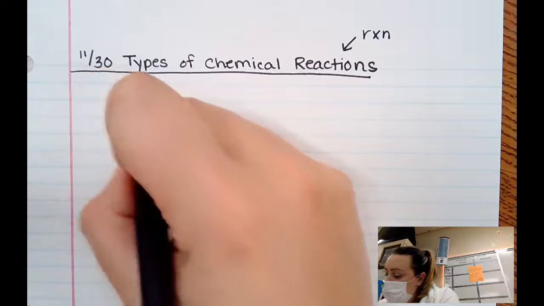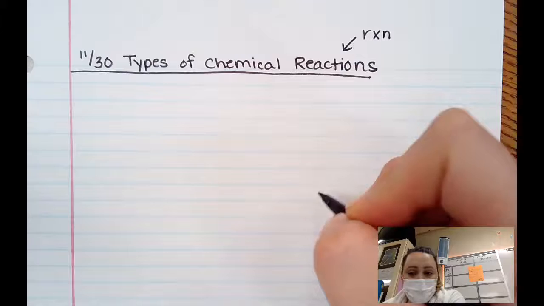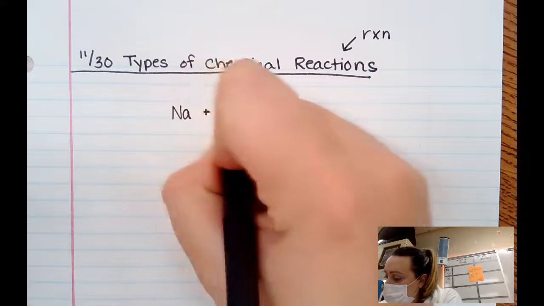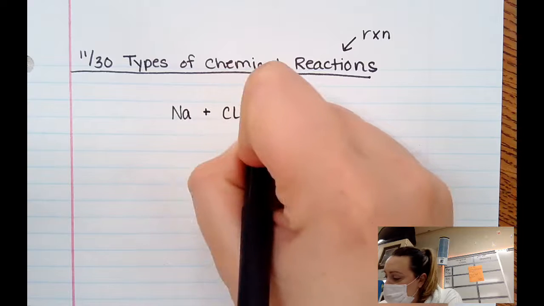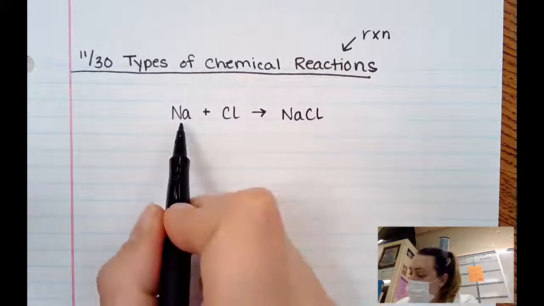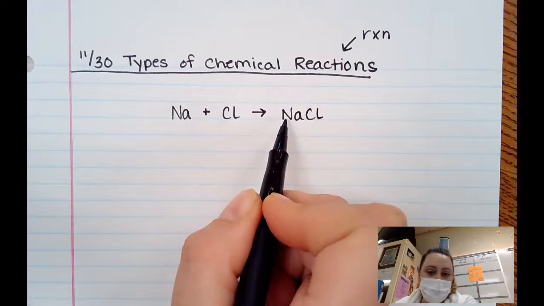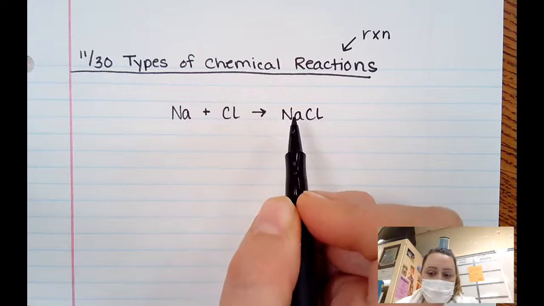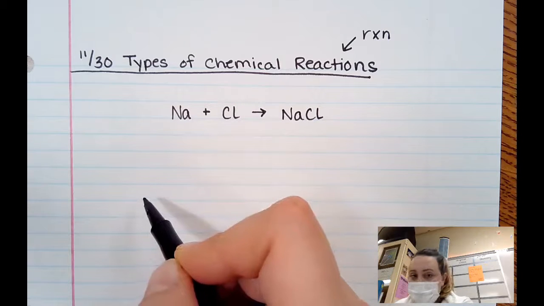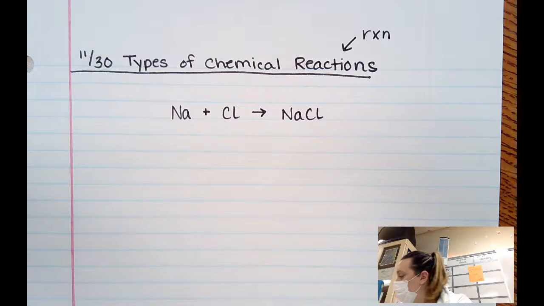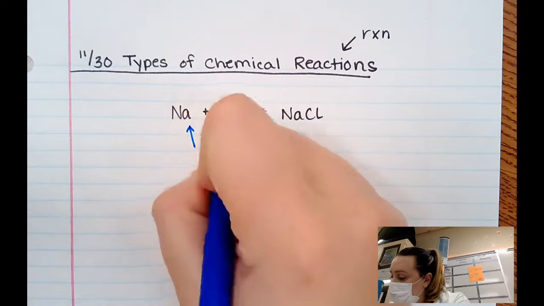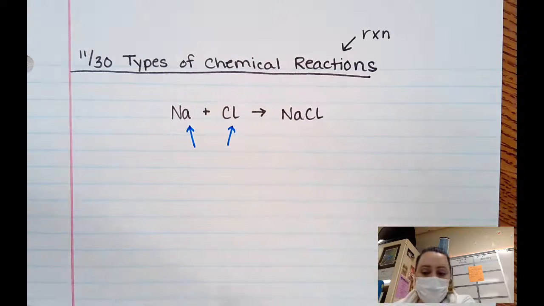So I'm going to write out a simple reaction. We have sodium plus chlorine yields sodium chloride. We just got done with the ionic compounds unit, so that should be familiar to you. As I write it like this, over here to the left, those are reactants.